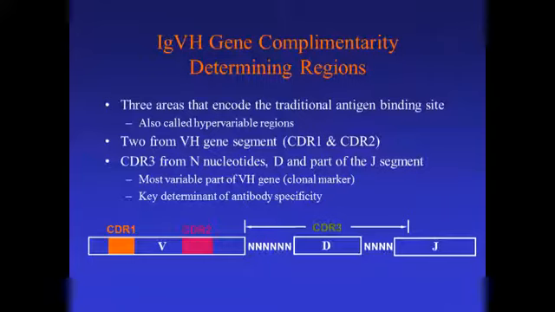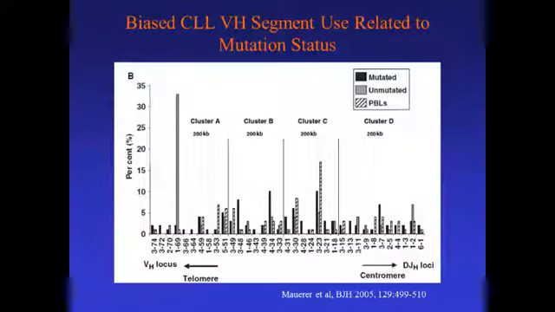So it's quite interesting. This is a little busy, but it shows you different variable gene segments used in a study that was published in the British Journal of Haematology, 2005, I think, of about 60 patients, showing you the difference in variable gene segments between normal peripheral blood, mutated CLL, and non-mutated.